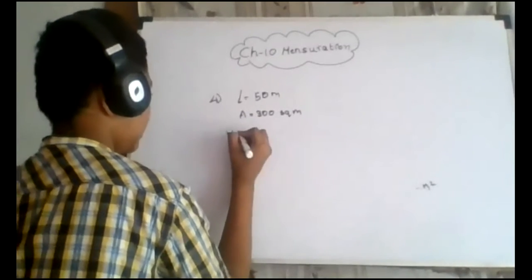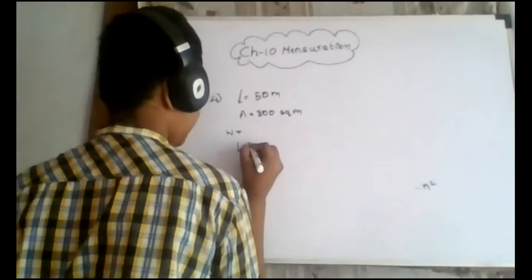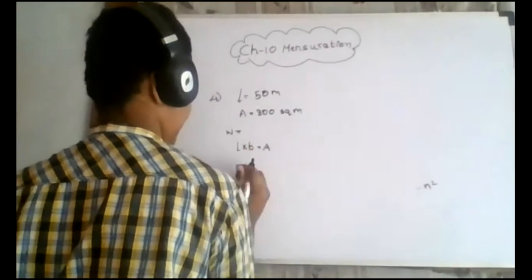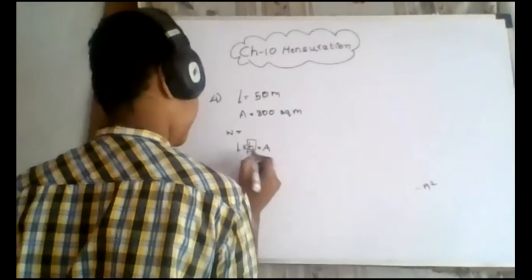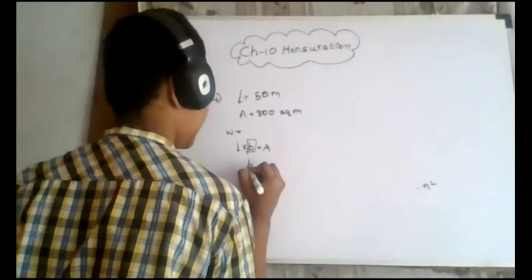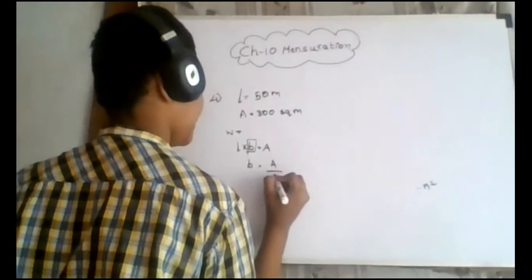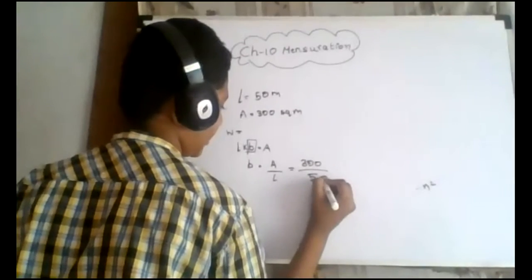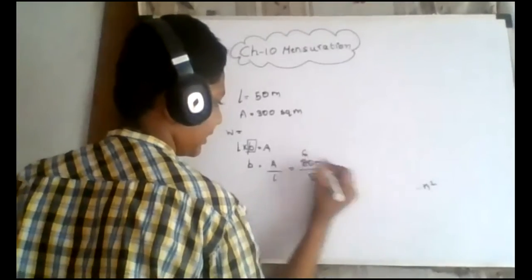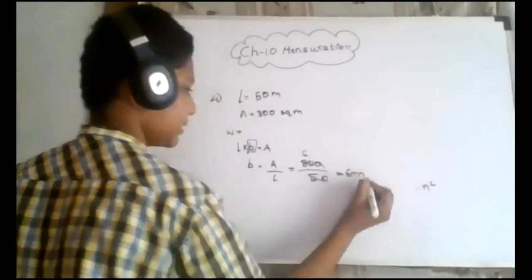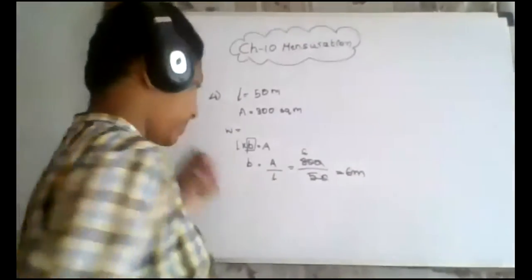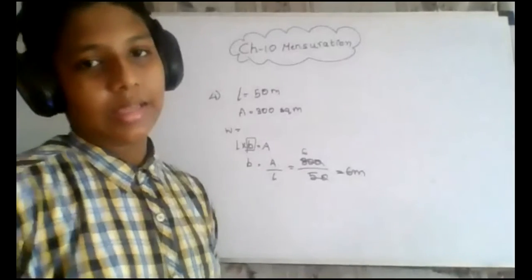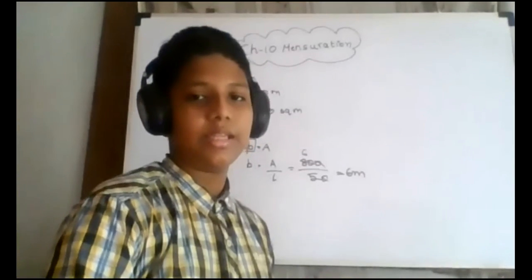Length into breadth equals area, so breadth equals area by length. 300 by 50 is 6 meters. The next questions are all easy.